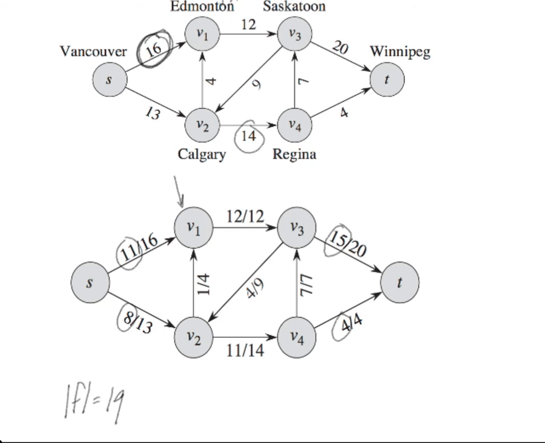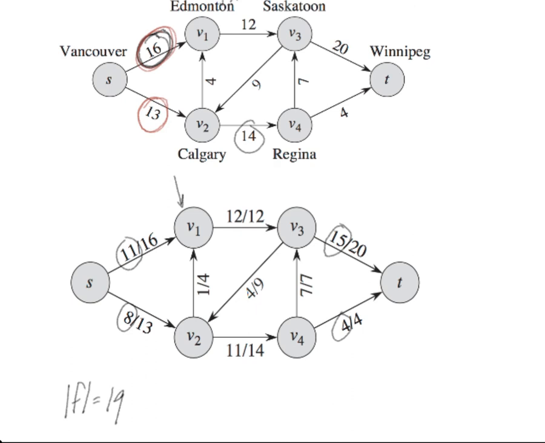So the big question is, how many crates of hockey pucks can we ship every day from Vancouver to Winnipeg? If you just look at the capacities coming out of Vancouver, we can send 16 coming out there and 13 coming out there.